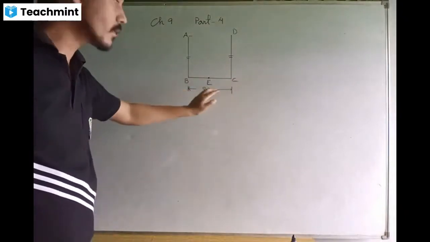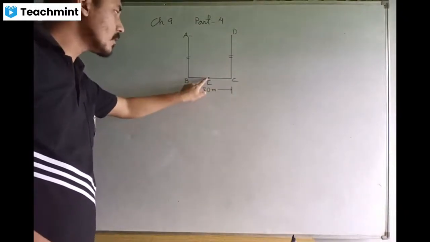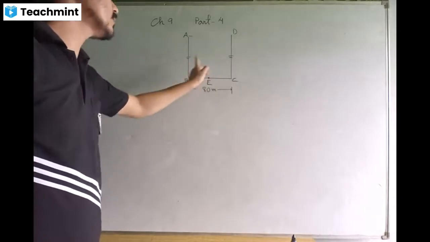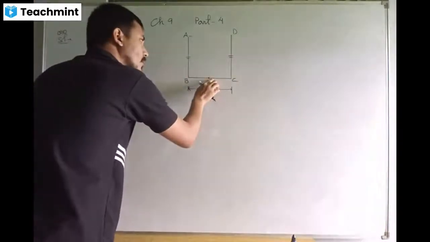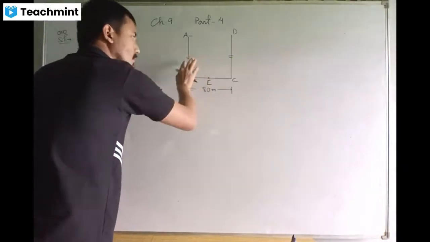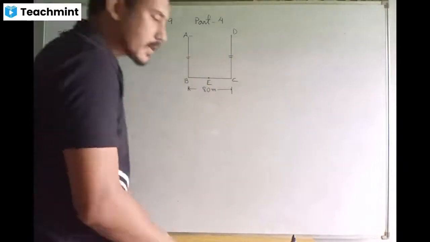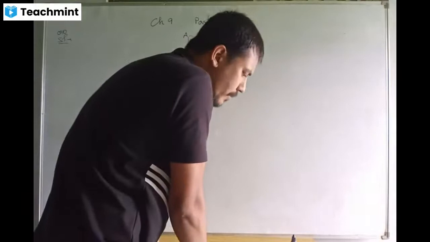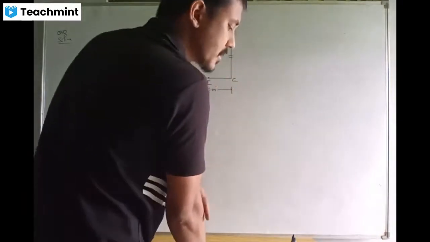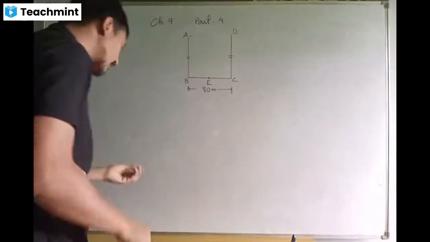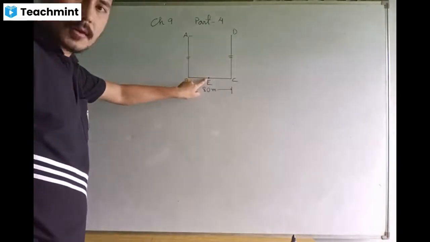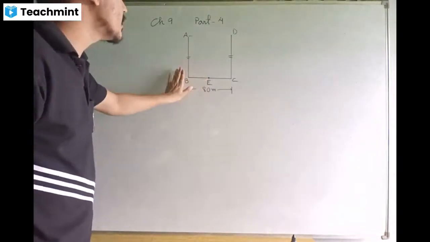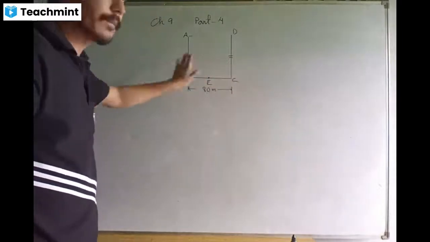From a point on the road in between the two poles, so E is a point on the road in between the two poles. The angles of elevation of the top of the poles are 60 degree and 30 degree. So you choose a point on the road which is in between the two poles.